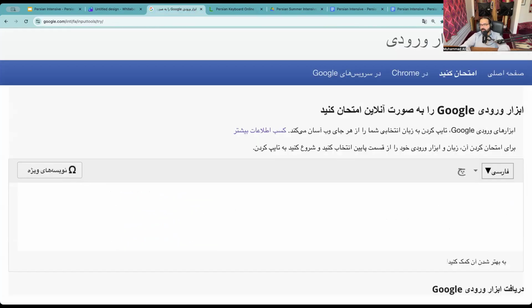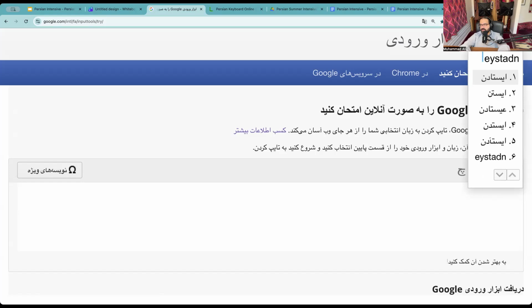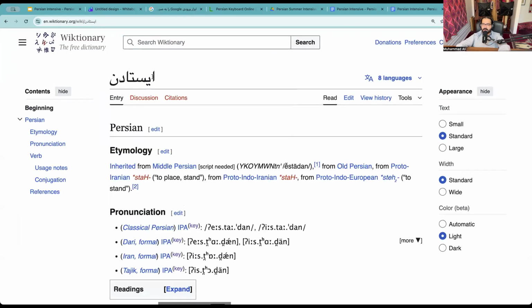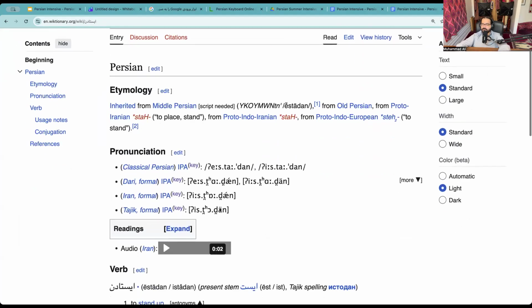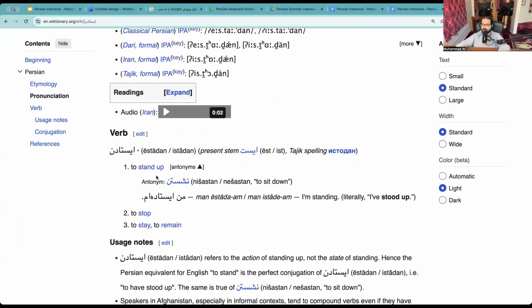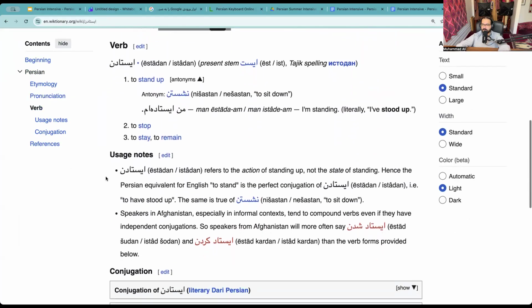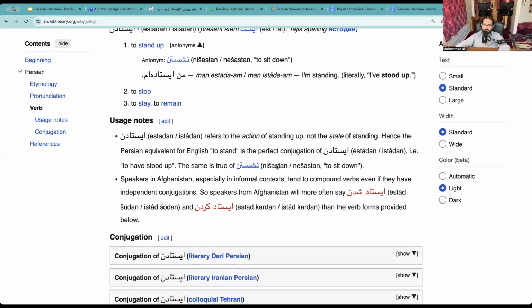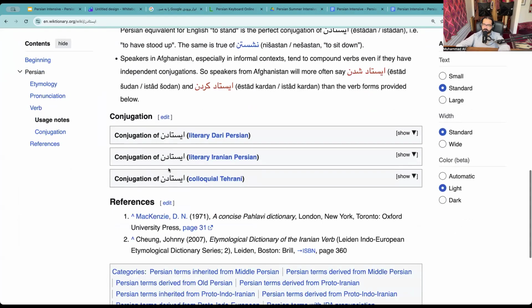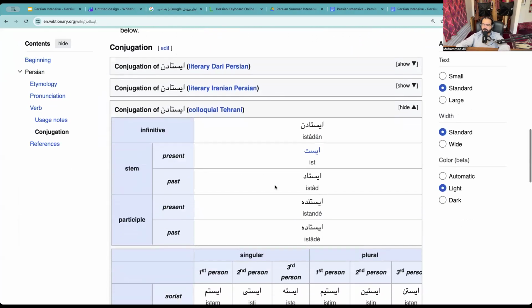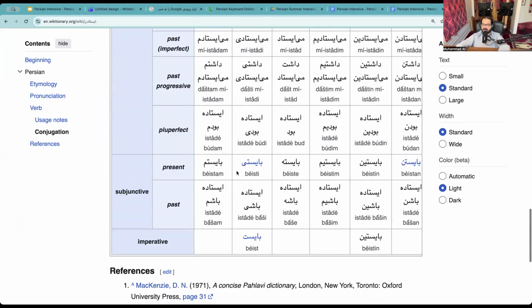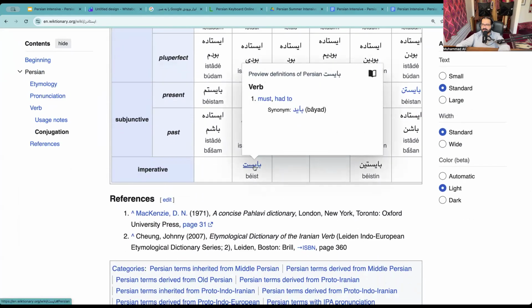I think if I go to the Wiktionary entry for istadan, instead of trying to find the stem, it'll probably have some usage notes. It's weird. It won't say anything about the usage. That's annoying. Yeah, see, imperative, bayast.